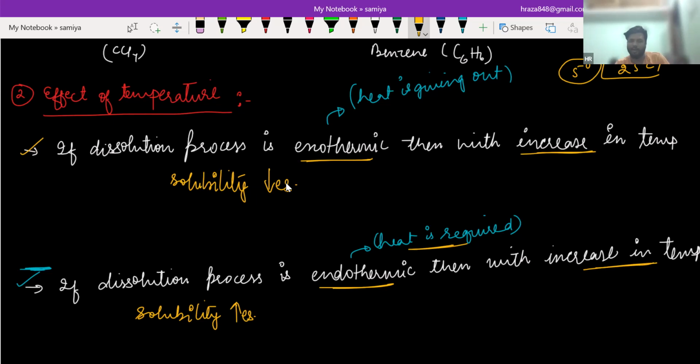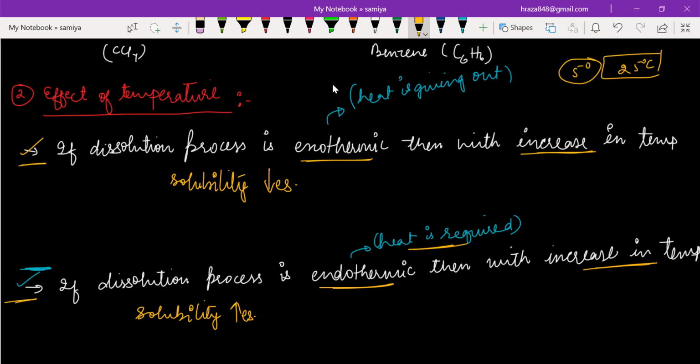It will be inverse. If you decrease the temperature in an exothermic process, solubility increases. But in endothermic, if you are cooling it, solubility decreases. Please write it and think about it, and if you have any doubt regarding this, please ask me.